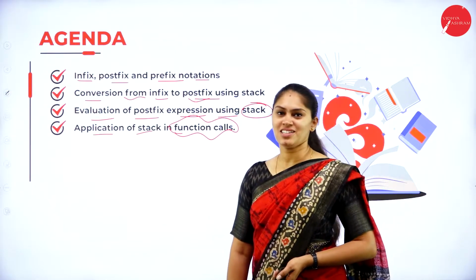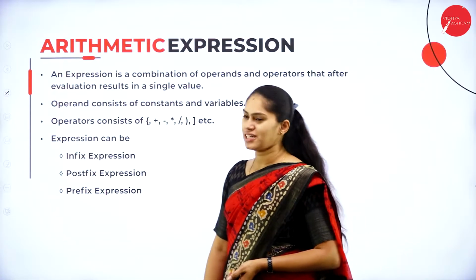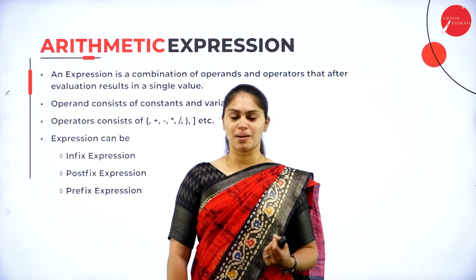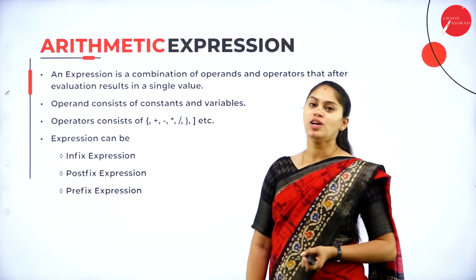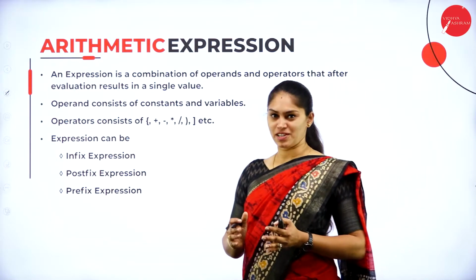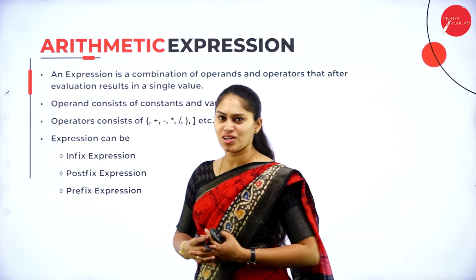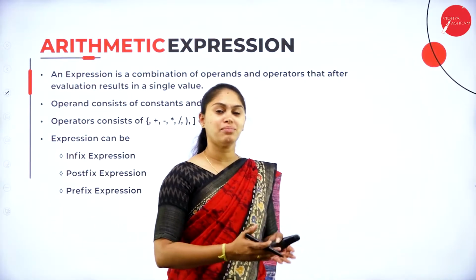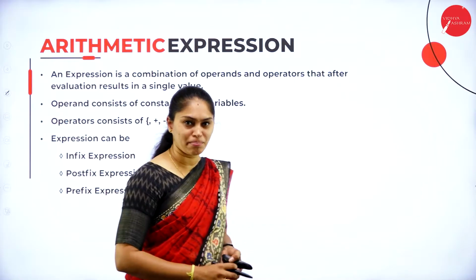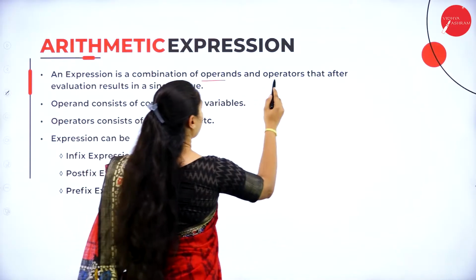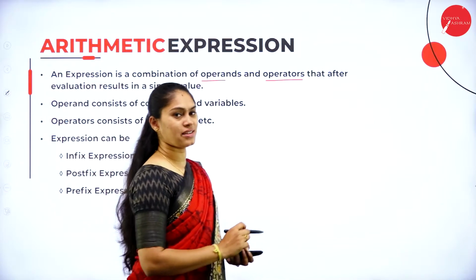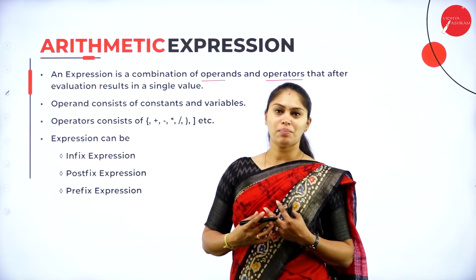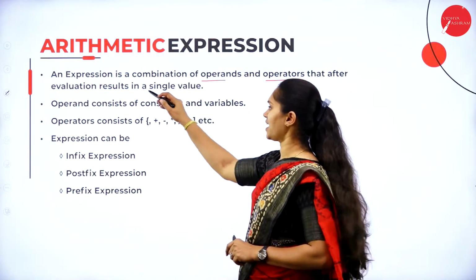So let me get into the session with respect to infix, prefix and postfix notation. Before that, you must know what we mean by an arithmetic expression. If you are giving a facial expression, is that considered as an expression? No, right? When it comes to the arithmetic expression, it comprises both operators as well as operands. Then, when we perform a certain operation, it returns a single value.